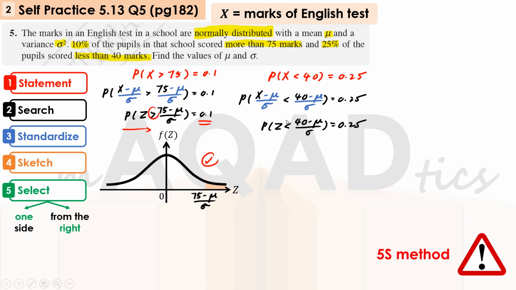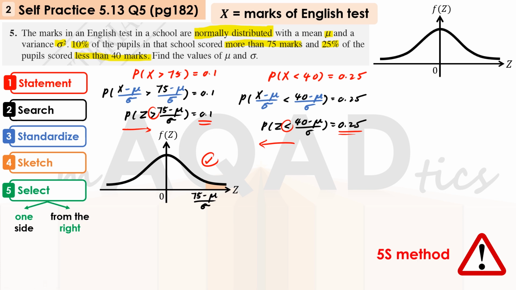For this one it is less than, so we should draw it on the left side, but we can only sketch 25% of the graph. Since we are at the left side, we need to draw it starting somewhere here and going to the left, and let's put the z value here.